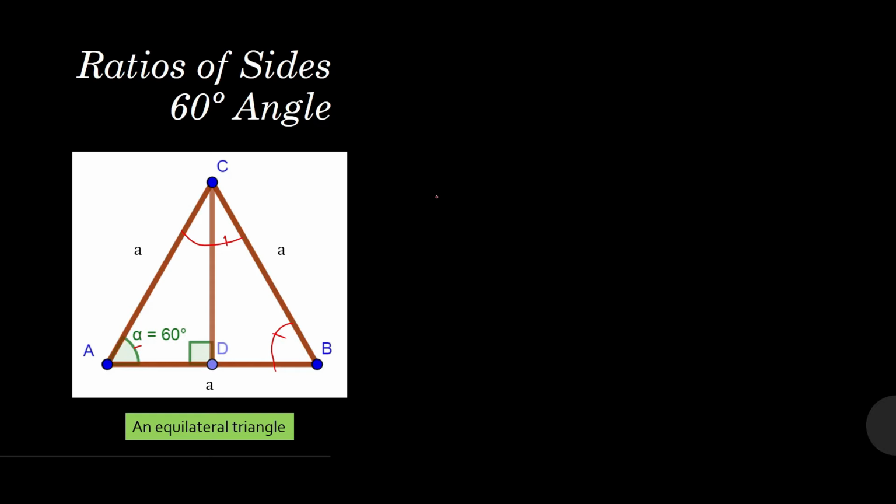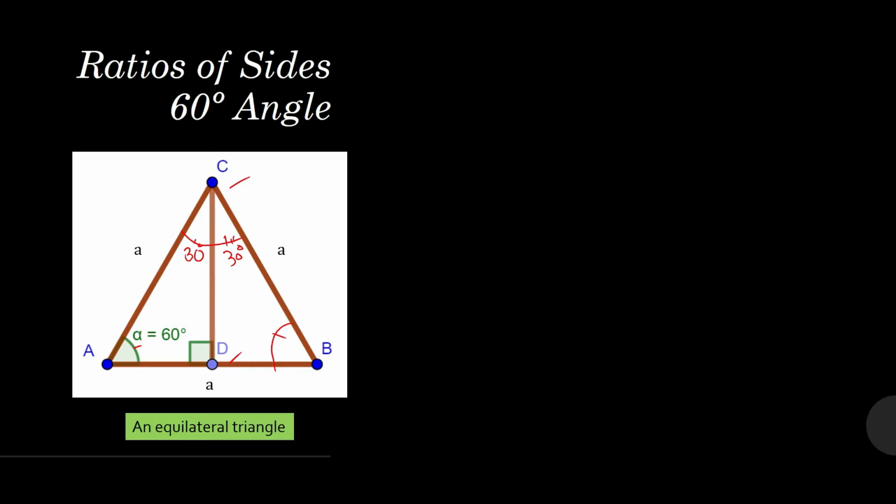Now I will draw a line CD that bisects angle C. And of course, you know what the angle measure would be. It will be 30 degrees, and this one is also 30 degrees. So CD is an angle bisector.